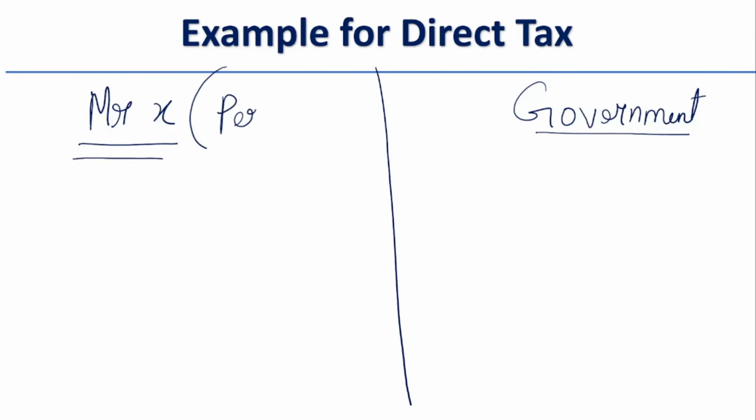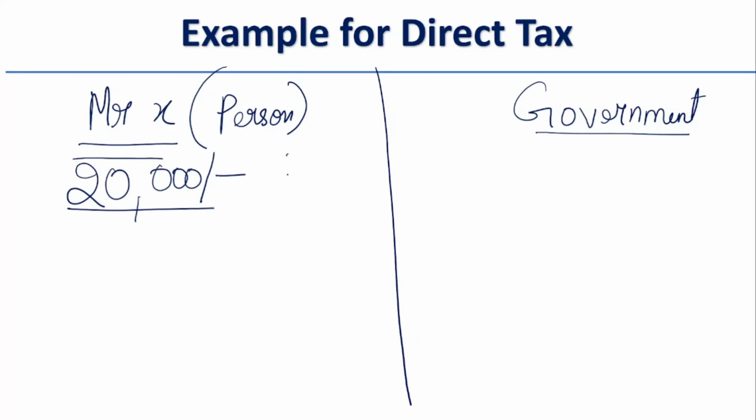In my future slides, I'll tell you what is the meaning of person. Now Mr. X has the liability to pay the tax of 20,000. Mr. X has to pay 20,000 rupees tax to the government for whatever income he has earned.